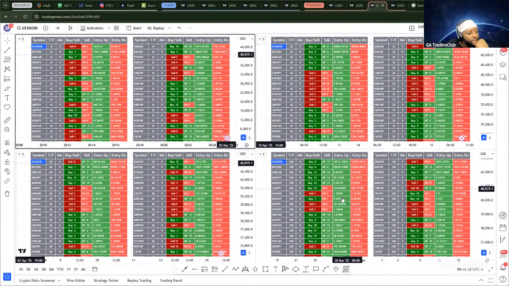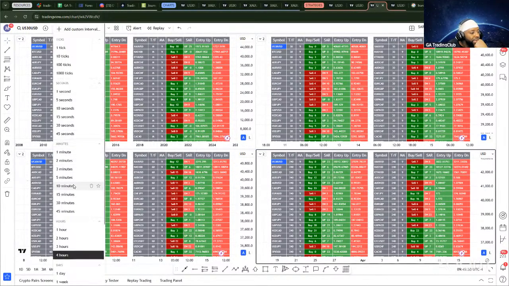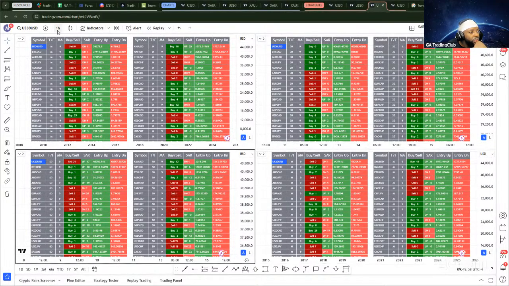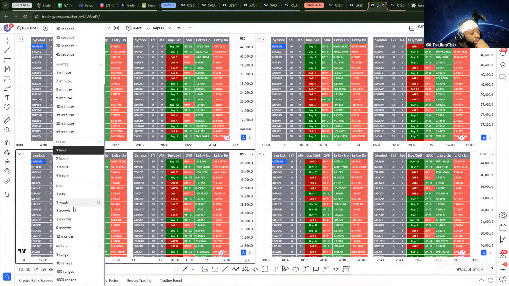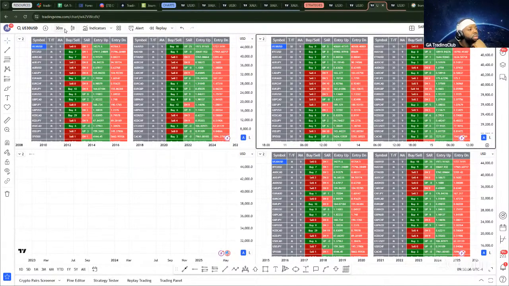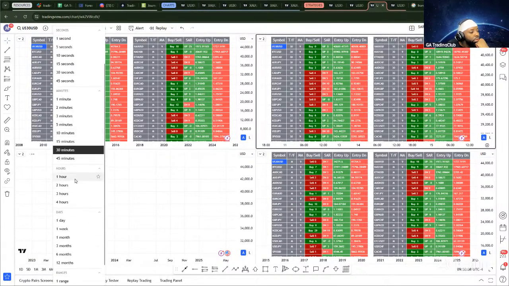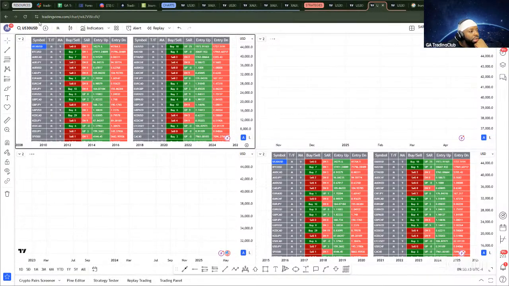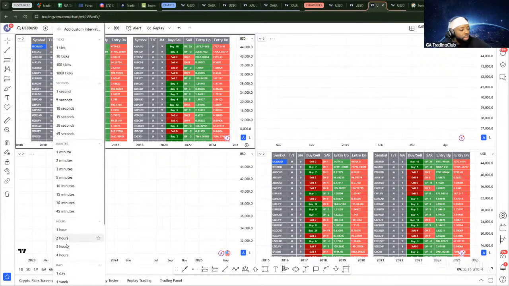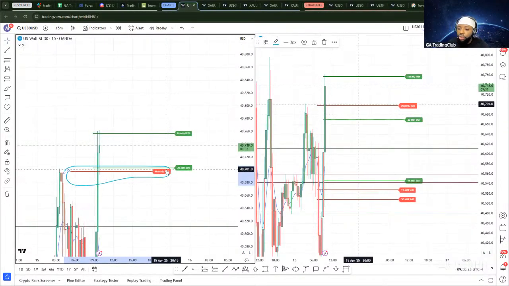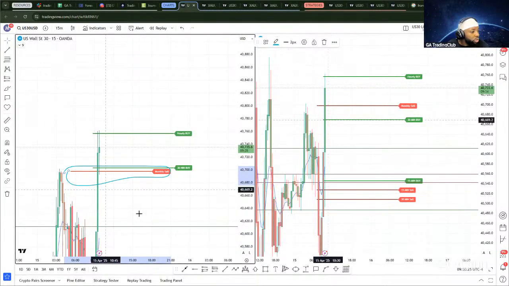So what I'll do here, I will put this on monthly, then this one I put on weekly, then this one I put on daily, and this one I put on 4 hour. But anyway, it's just a learning thing.